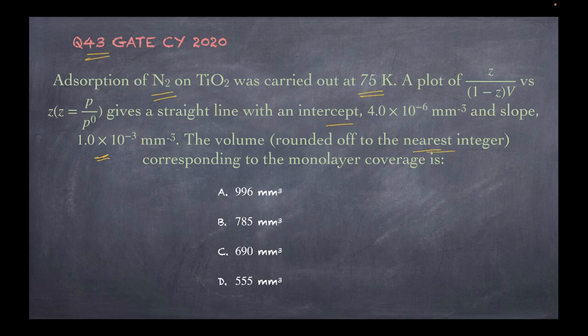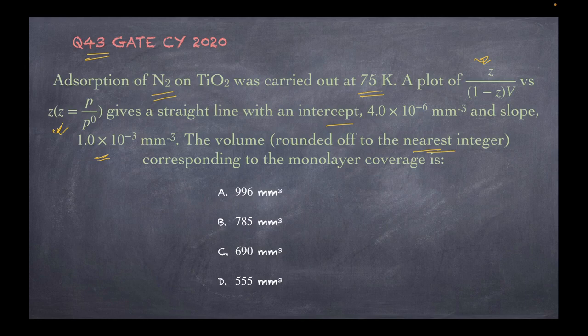So this is actually about adsorption. Last time we said that the adsorption of a gas, basically nitrogen gas, on a solid surface, which is the TiO2 surface, at a particular temperature, 75 Kelvin. Now a plot of this versus this is given, a straight line with an intercept and a slope.